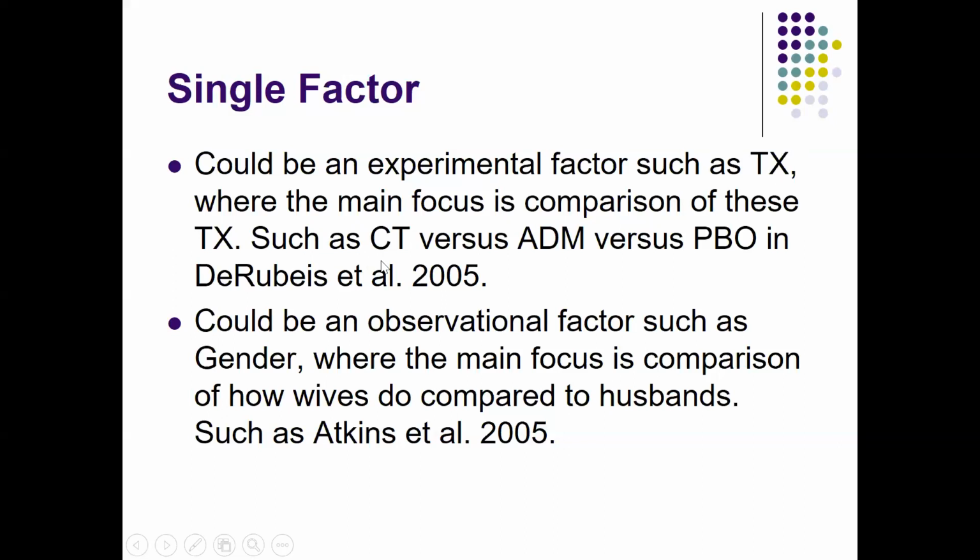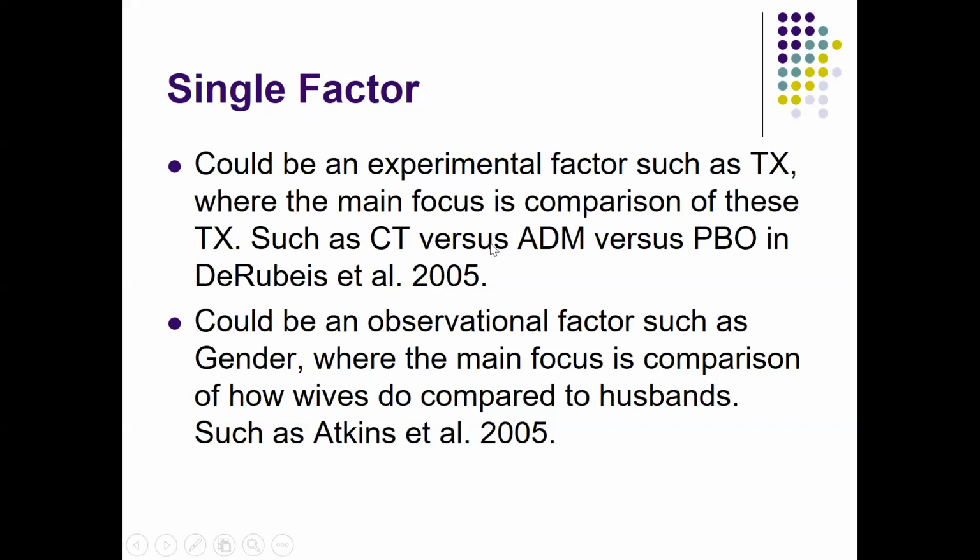In this Daruba study from 2005, we focused on treating people suffering from major depression. These patients were randomized to 1 of 3 arms: cognitive therapy, again a psychotherapy; ADM, which stands for medication; and placebo, which is packaged like the medication but has no drug. It's what we call the control group.